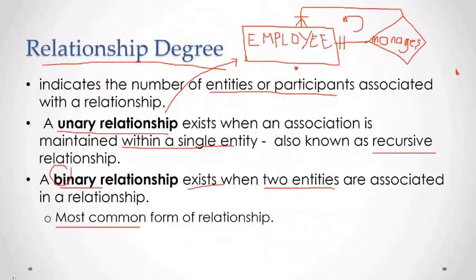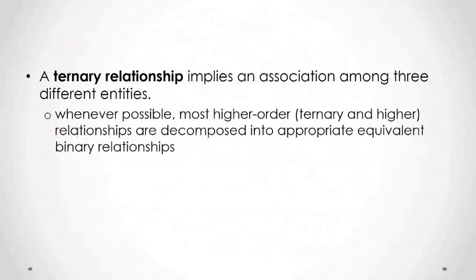Okay, next to binary, they call it ternary. It implies an association among three different entities. So when there are now three that are involved, you call it ternary.